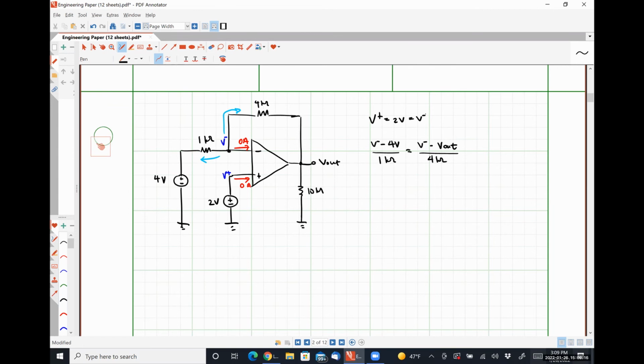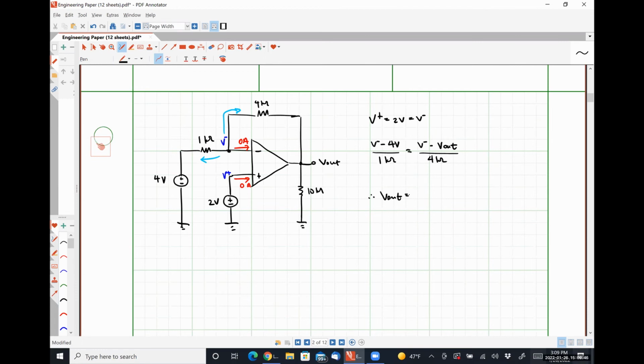This circuit, I would argue, is a little bit more complex than what we've been dealing with. But this simple methodology would allow us to solve for V out. Let's get a calculator here. Can't quite do this one in my head. Numerical solver.